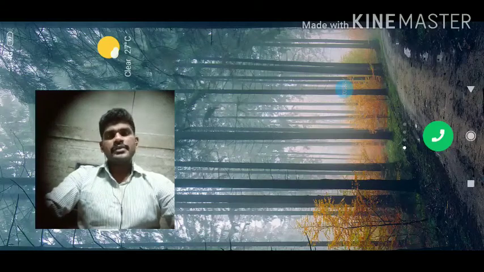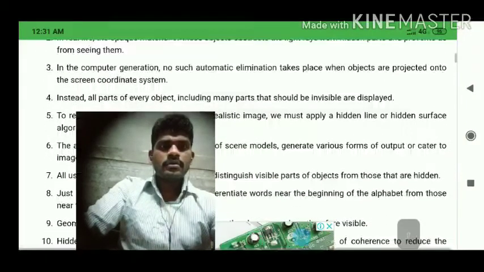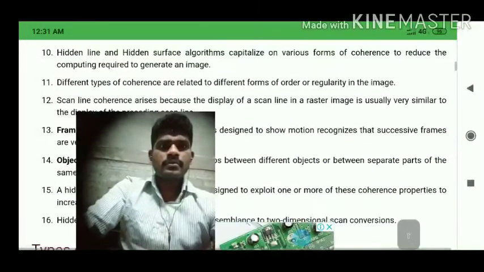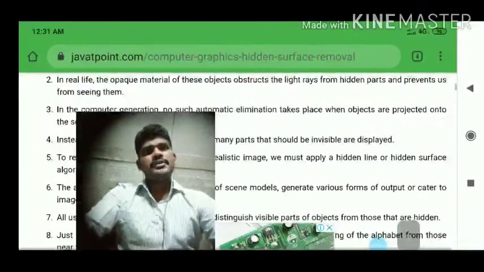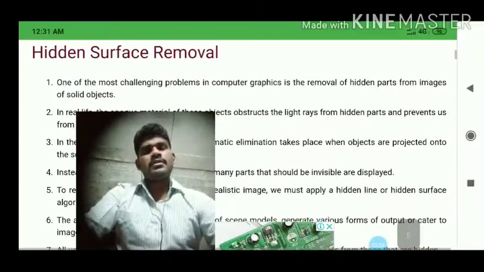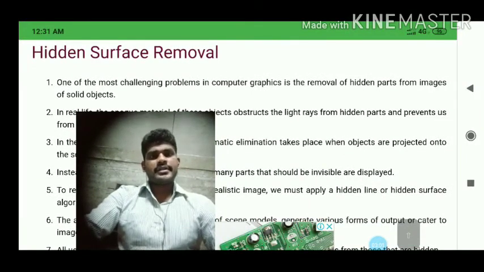Now listen. Another name for hidden surface removal is visual surface detection.